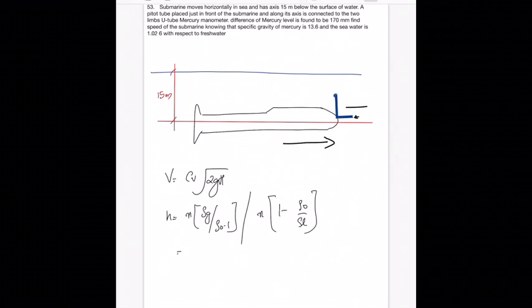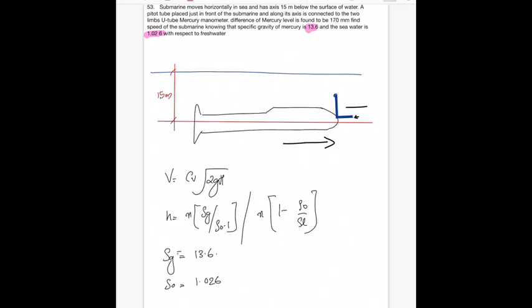Here Sg is equal to, the manometric fluid is mercury, so Sg is equal to 13.6, and the fluid in the pipe is seawater, and the specific gravity is 1.026. I got that from here.